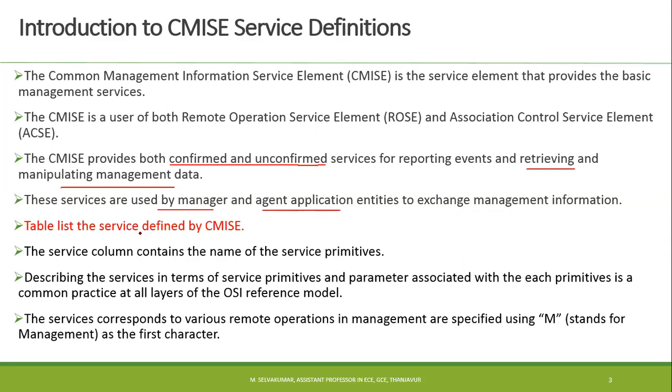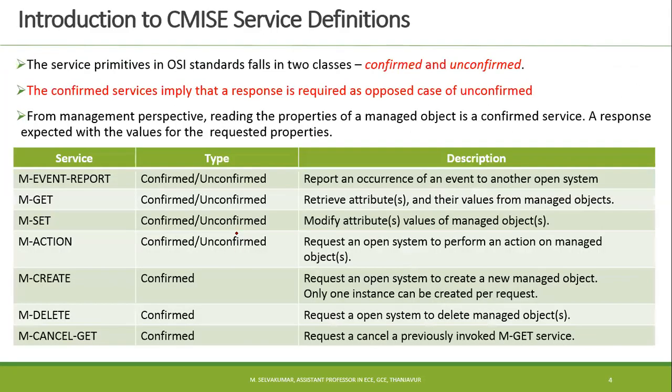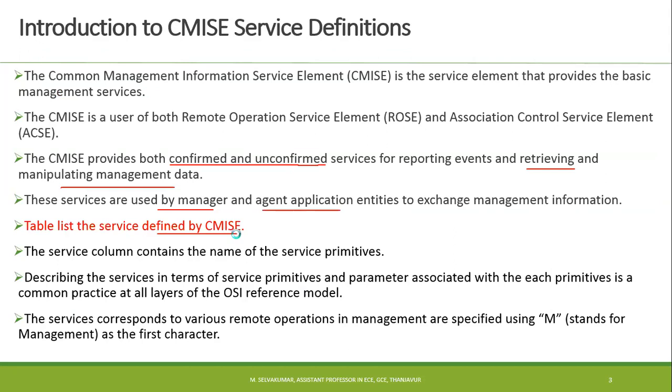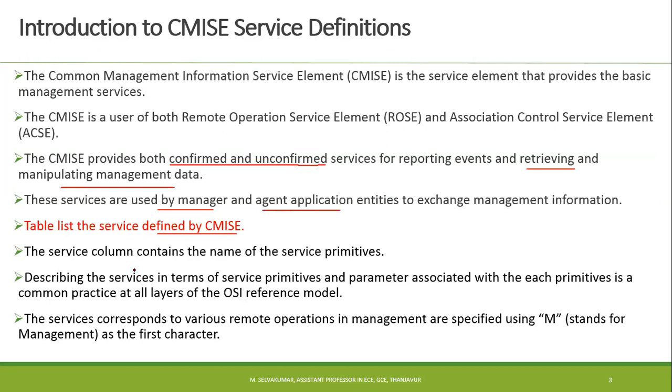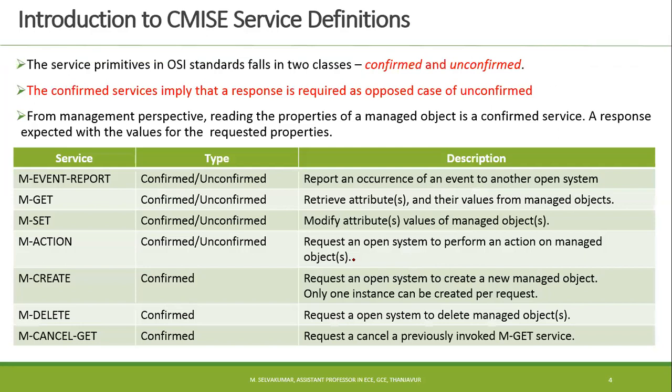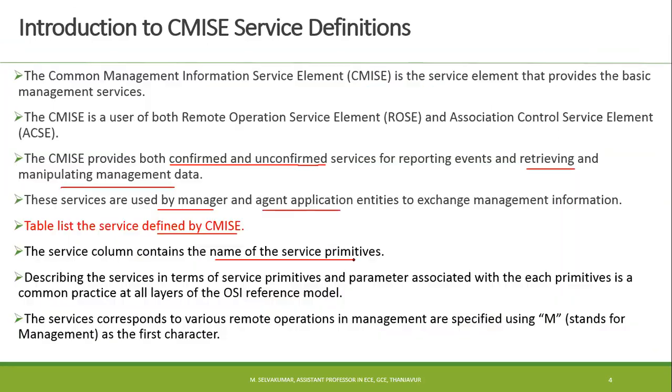Here the table lists the services defined by CMISE: M-EVENT-REPORT, M-GET, M-SET, M-ACTION, M-CREATE, M-DELETE, and M-CANCEL-GET. We will see each topic one by one. The service column contains the names of the service primitives, that is event, get, set, and other things.